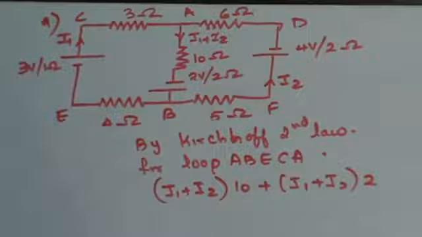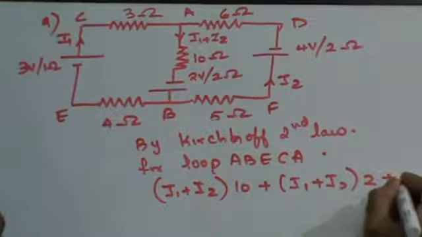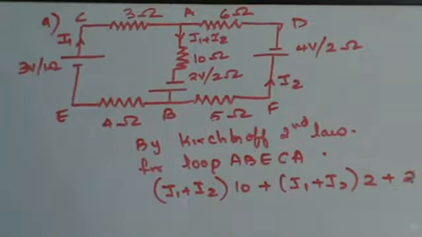That's your 2 ohm internal resistance. Now the EMF is also going to be sending current in the same direction. So this is going to be plus 2 volts. Now that is my string AB.